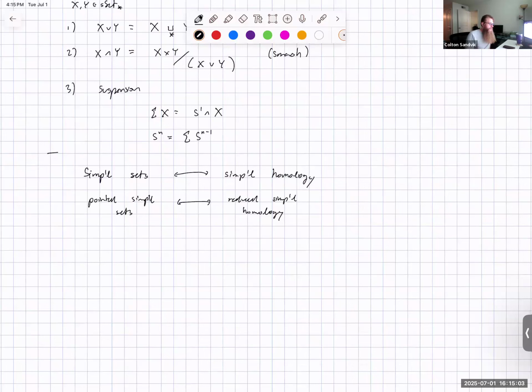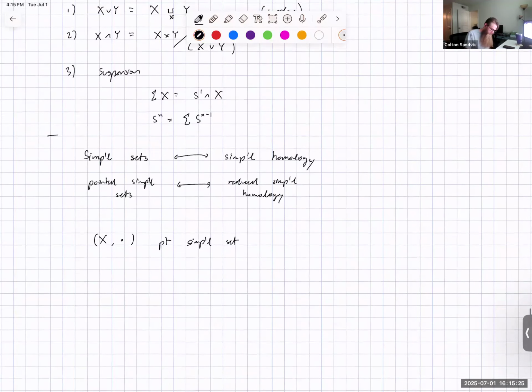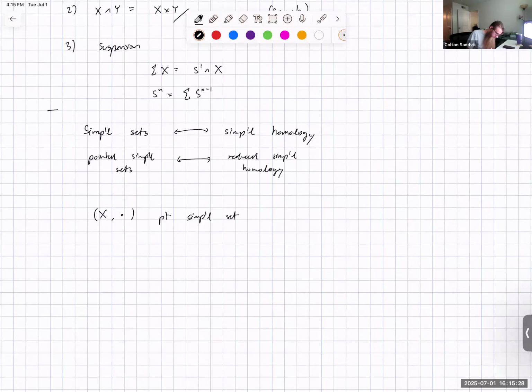So if we have a pointed simplicial set, we can define these relative chains by taking our normal chains and quotienting out by our point. So you have our relative chains.